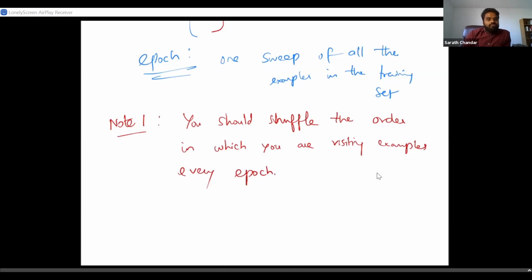If you are visiting all the examples in the same order every epoch, there might be a sequence of examples which perfectly cancel each other, so it is going to hinder learning. In the worst case, you could have all the examples canceling each other in a perfect way, so effectively you're unlearning everything that you're learning. To avoid these complications, it is better to shuffle your data at the beginning of every epoch.